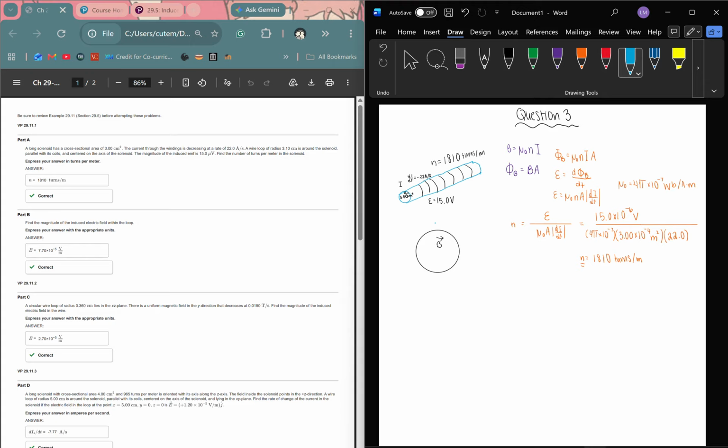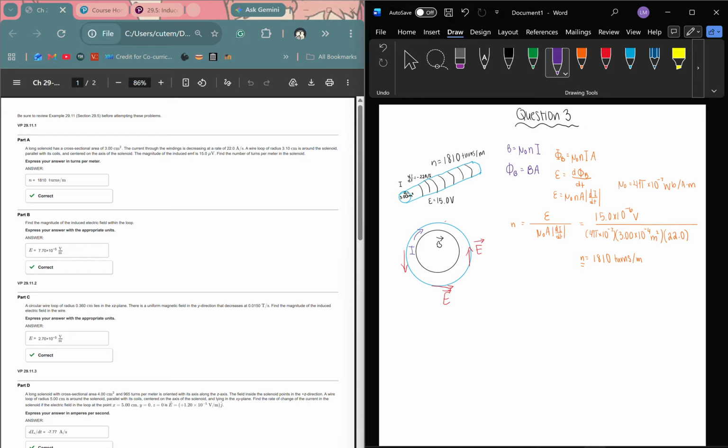So the loop is going around like this, and this E is the electric field vector on top, telling us the direction this way, and the current, I believe, is going this way.